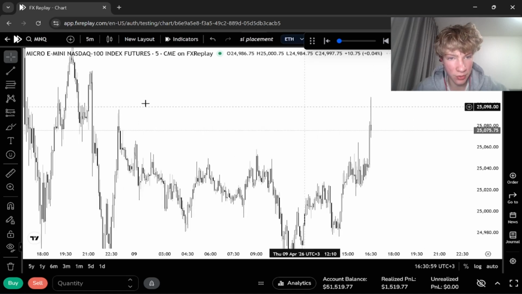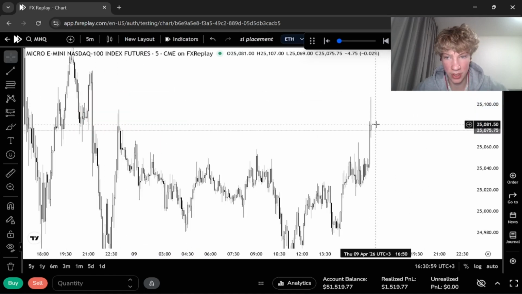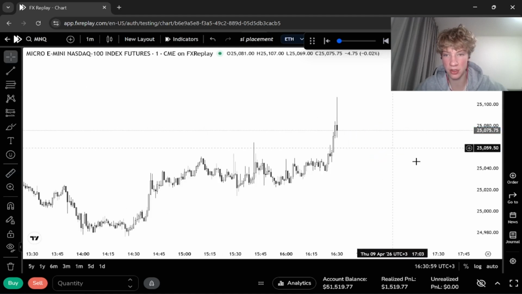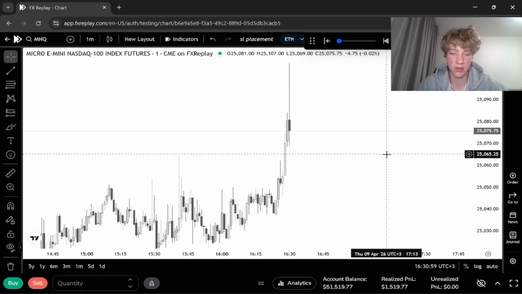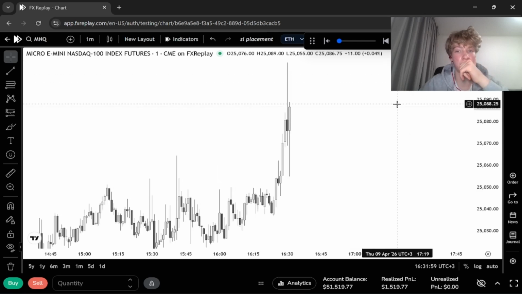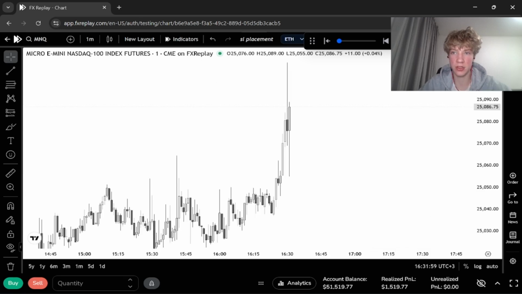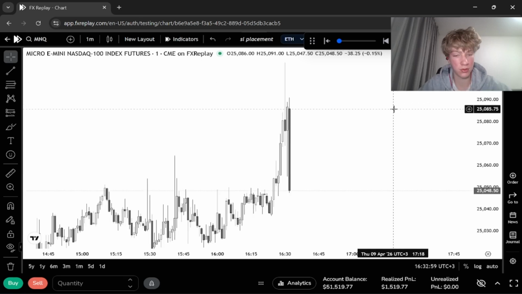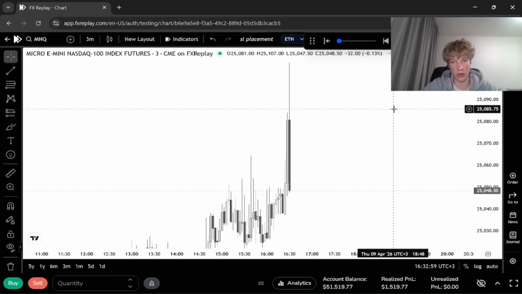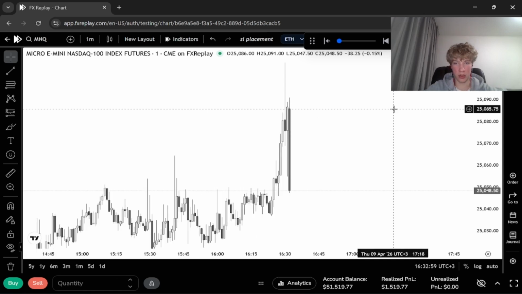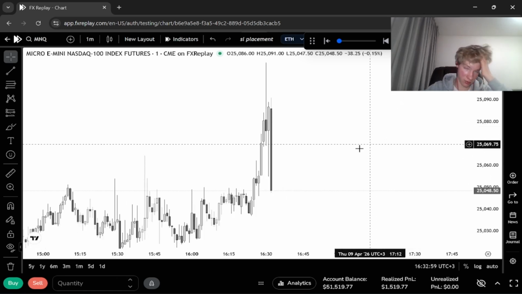Because you see, we swept this and we have a perfect reaction to the downside. Right now we're respecting this gap. Boom. A strong closure to the downside.